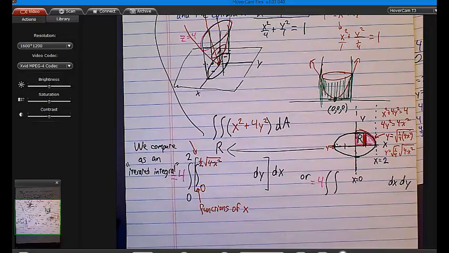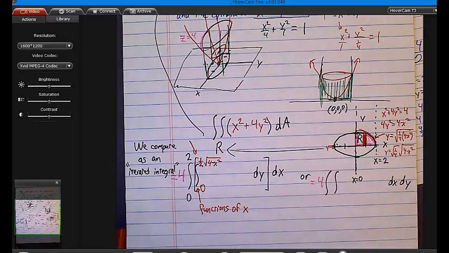Okay? Look for symmetry. It's a huge help, particularly in Calc 3. Engineers do this all the time. They want to build a three-dimensional part. They want to talk about its volume. What they do is they center the thing at 0, 0, or strategically place it so that you can use all these symmetries that you have in an object. Okay?